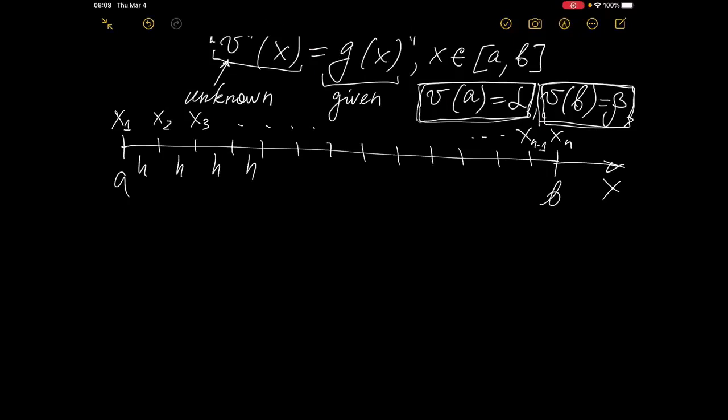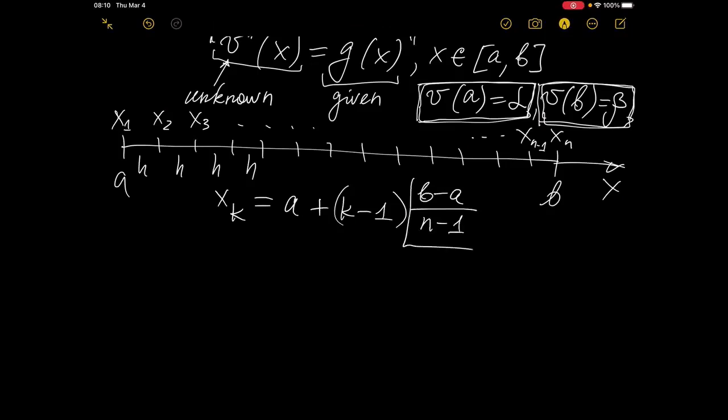Then this discretization can be described by the following formula. This is nothing else but the step h.